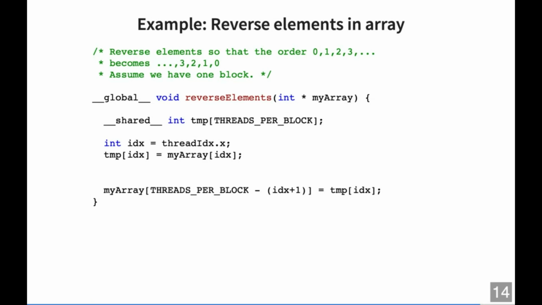So let's suppose I am thread 0. I can copy index 0 of my array into temp.